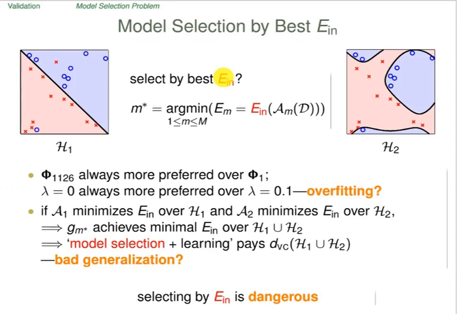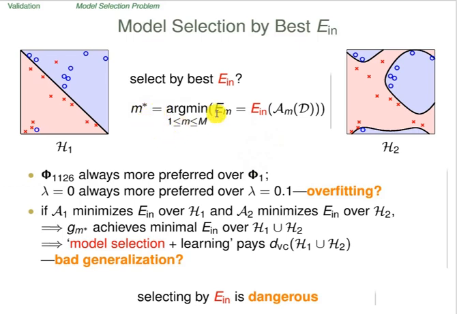One straightforward way to select a model is to use in-sample error performance as a criterion. In other words, just select the model which provides the best in-sample error given M models. Select the best one as indicated by M star.